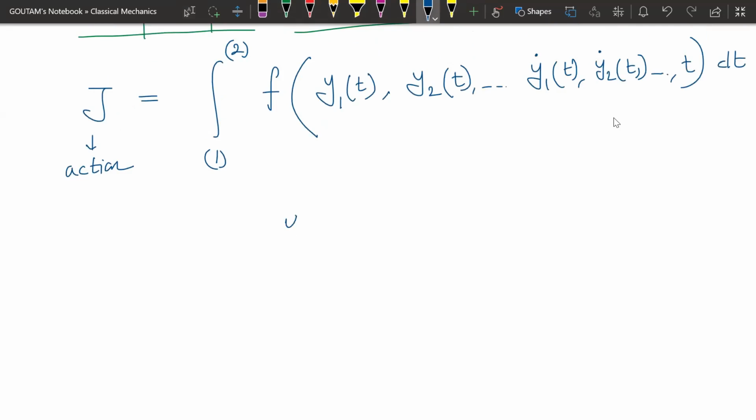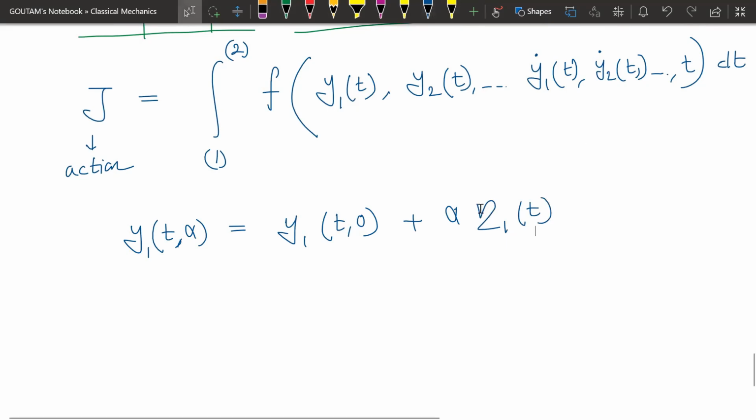Now if y1(t, 0) is the actual path, then we can introduce alpha such that it varies the path. It will be the actual path plus alpha times eta 1(t). This eta 1(t) can be any function.